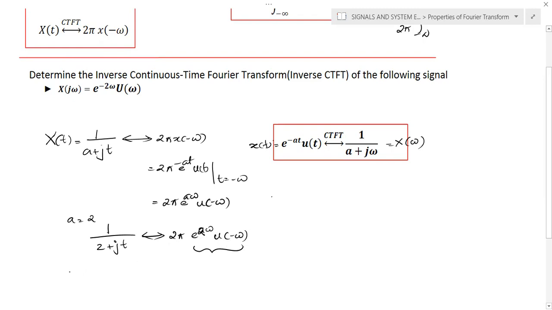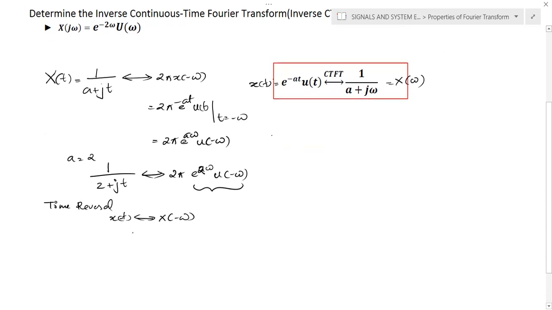So now we can apply the time reversal property. Actually, by applying the time reversal property, we know that x of t or x of minus t becomes x of minus omega, or x of minus j omega. So by applying the time reversal property in the previous problem, we will change t to minus t. So it becomes 1 by 2 minus j into t. And the Fourier transform of the signal is simply x of minus omega.